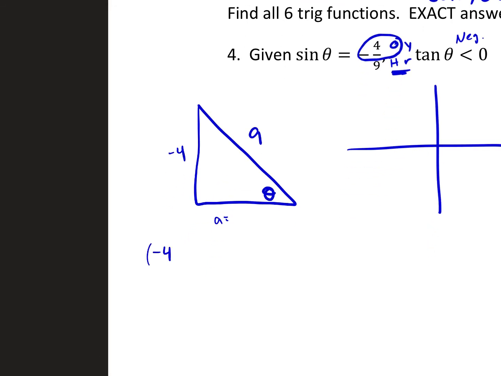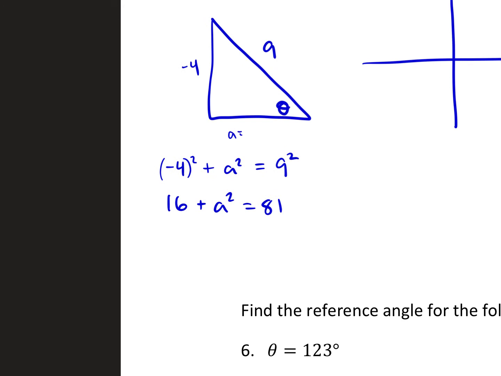So -4 squared plus a squared is equal to 9 squared. 16 plus a squared is equal to 81. Subtract 16. So a squared is 65. Take the square root.